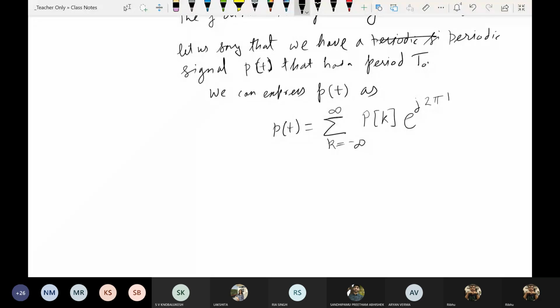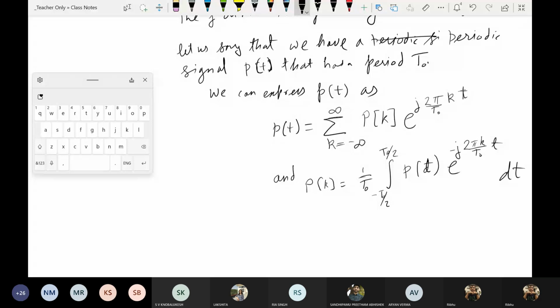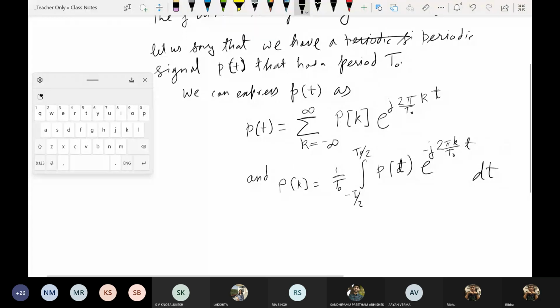This is the Fourier series, and this is coming from the integral, right? So far we are good.